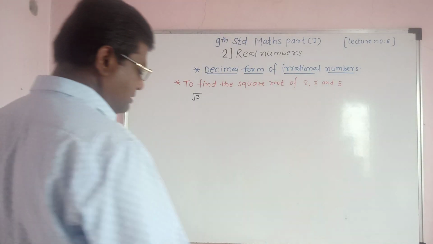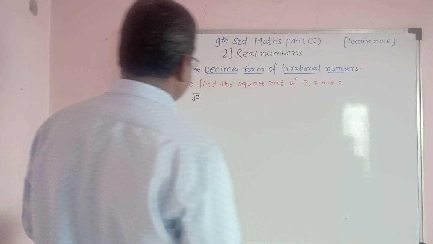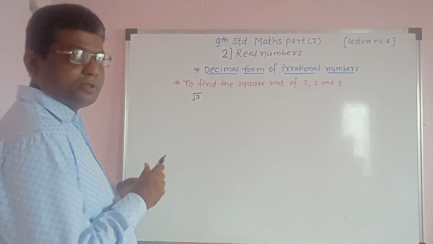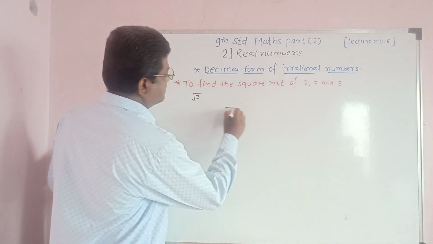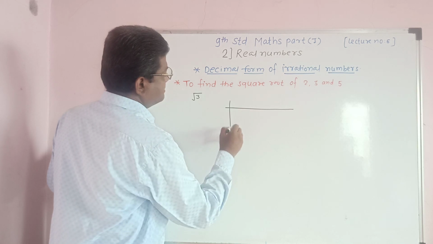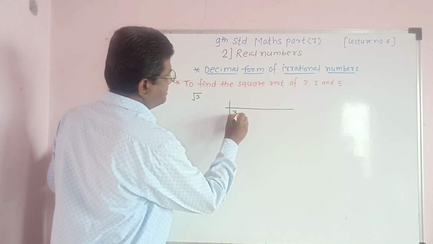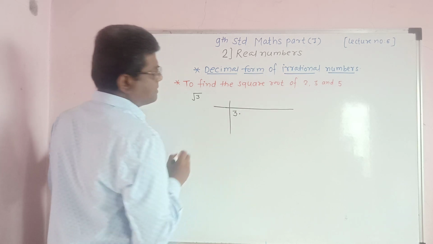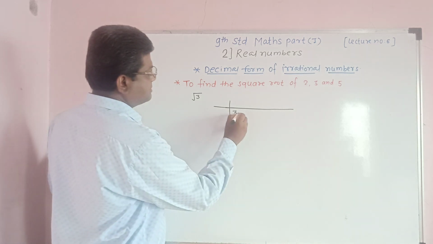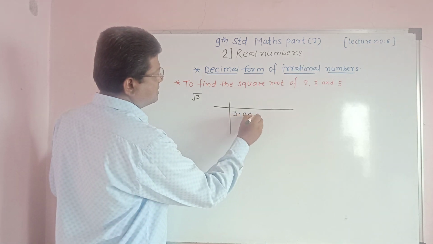Now let us find the square root of 3. So write this 3 in this way and write 6 zeros on 3.